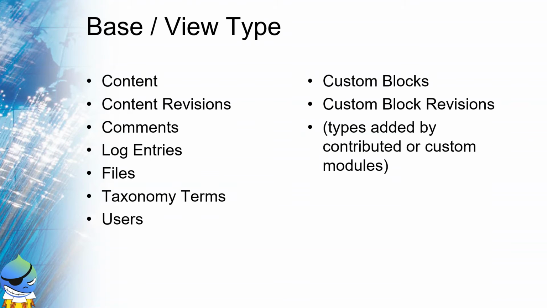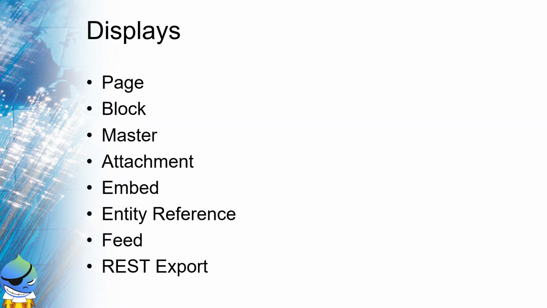And then any type that's added by any custom module. I've written custom modules that use dedicated database tables, and you define this small interface file that tells views how to access it, and you can do a view of Goodreads books that have been pulled down off the Goodreads system.